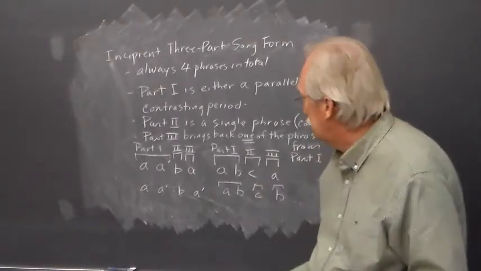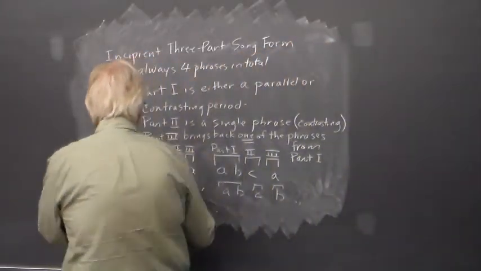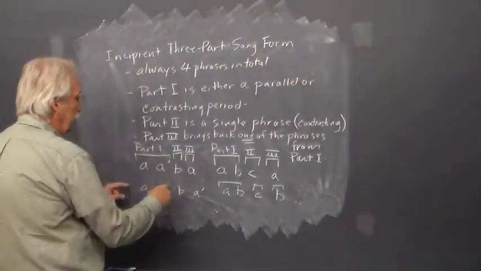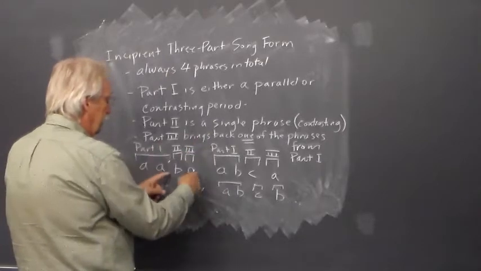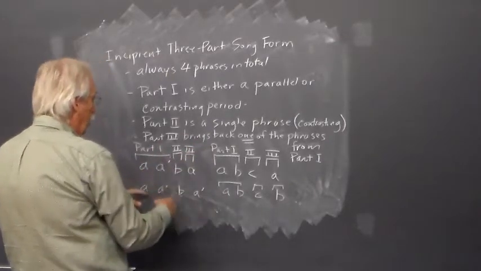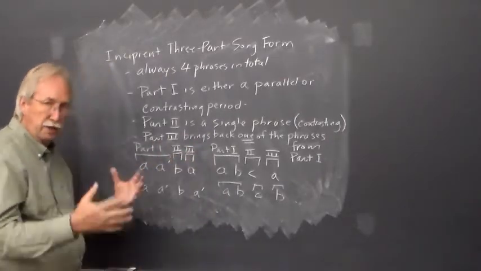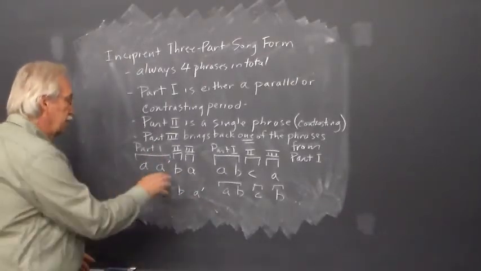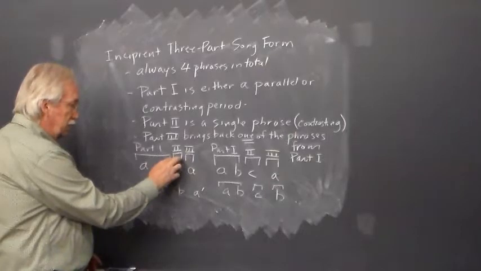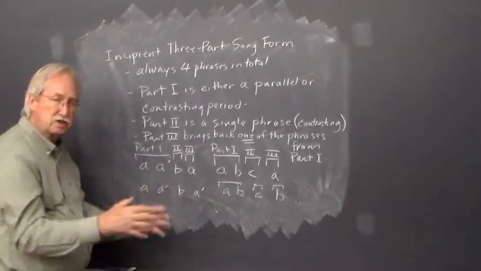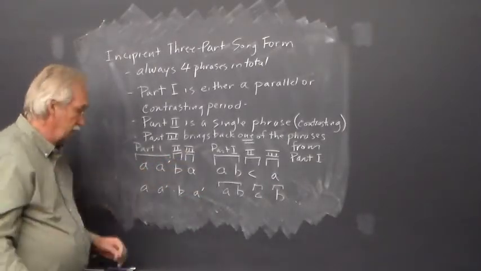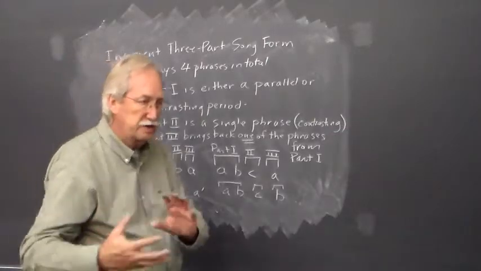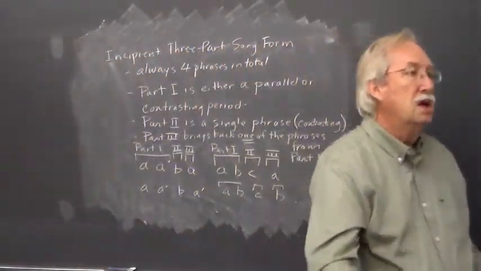So it's not unusual that you would have repeat signs around part 1, or you could have repeat signs around parts 2 and 3, or you can have repeat signs around both part 1 and parts 2 and 3. You usually don't have repeats around part 2 and then repeats around part 3. Usually it's going to view it in 2 overall sections as far as the use of repeat signs go.